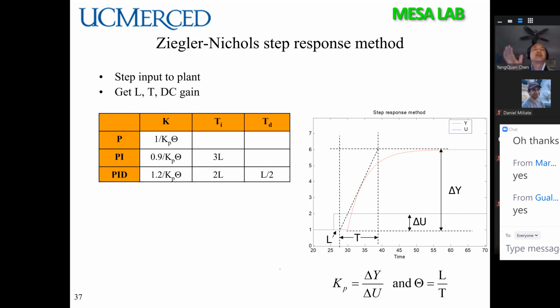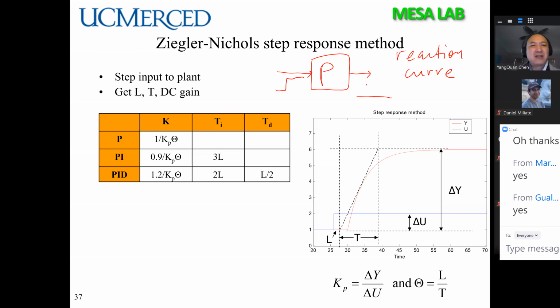What we are assuming here is being able to do a reaction curve. This is usually possible in practice. You have a plant. Before I control you, let me check: I put in a step, and then you'll have something like this.